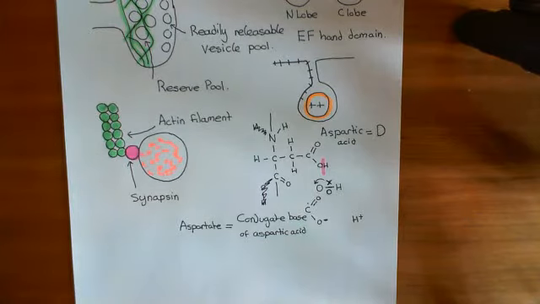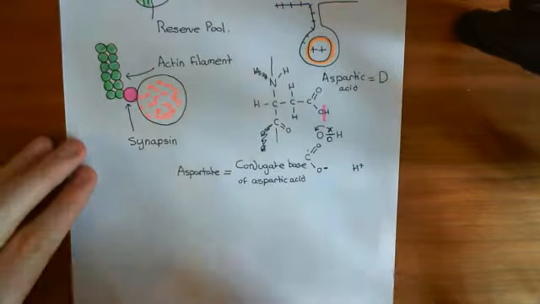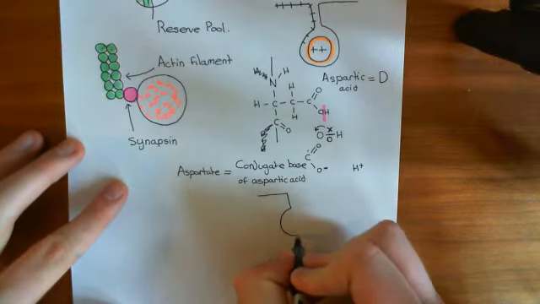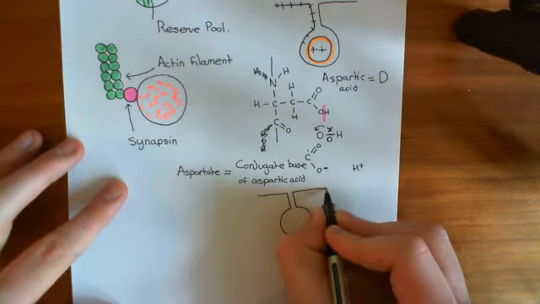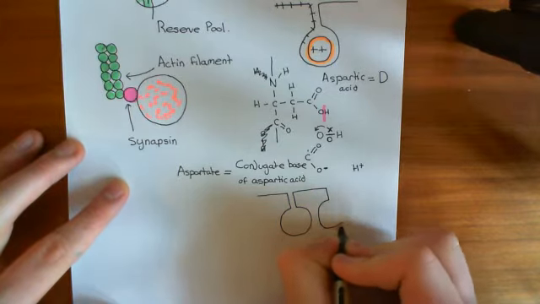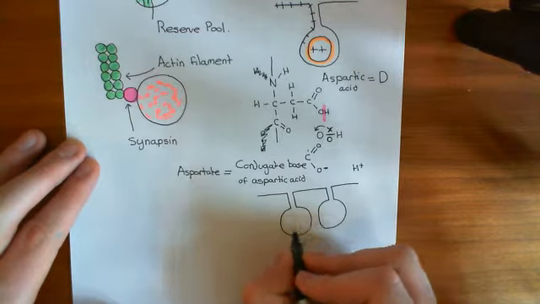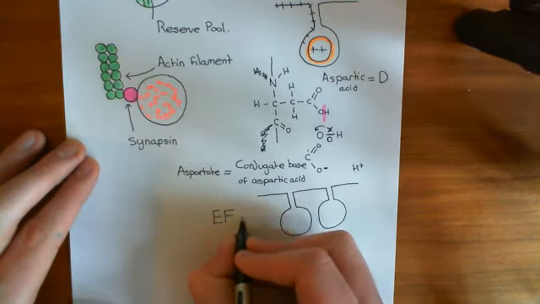Now, EF hand domains rarely occur on their own in proteins. Instead, what you usually find is you find them in pairs. So you find a structure that looks like this, basically, with a ring like that, then a linker, and then another ring. Okay, and when you've got 2 EF hand domains next to each other like this, that is what's known as an EF dimer.